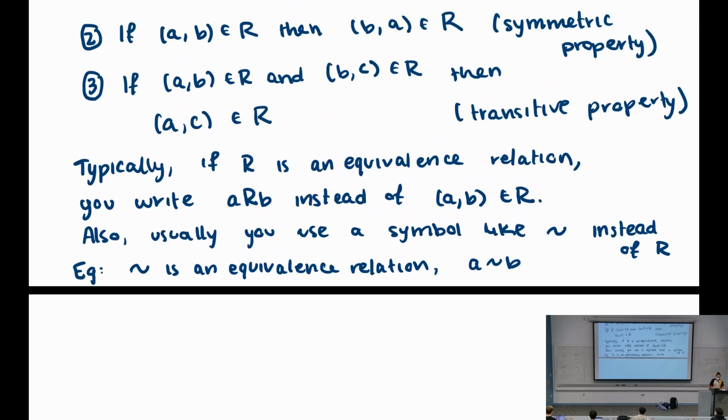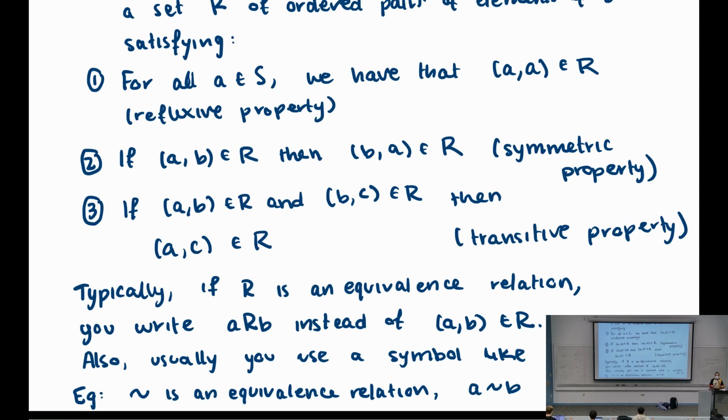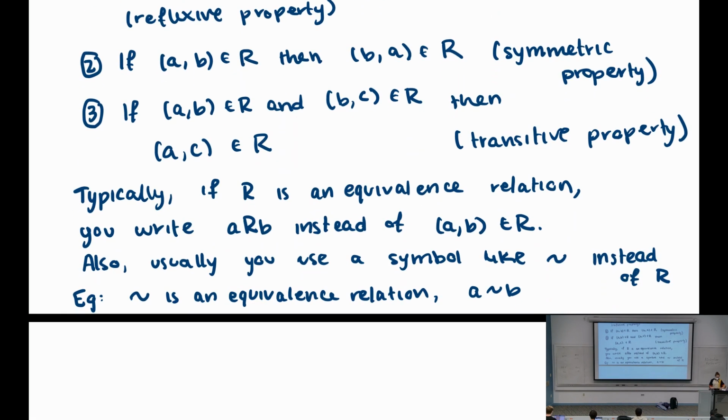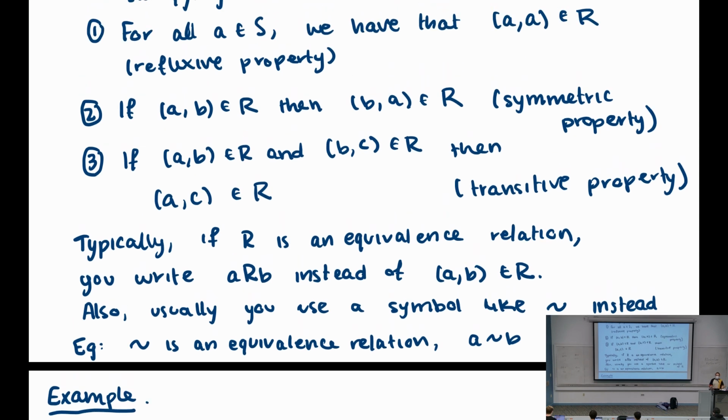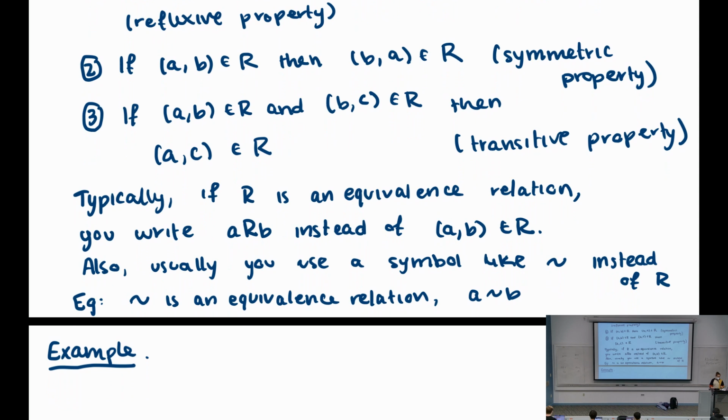So let me just start off with a really simple real life example of an equivalence relation. And I like this because this definition feels really abstract, but this is just something that you might encounter in everyday life.